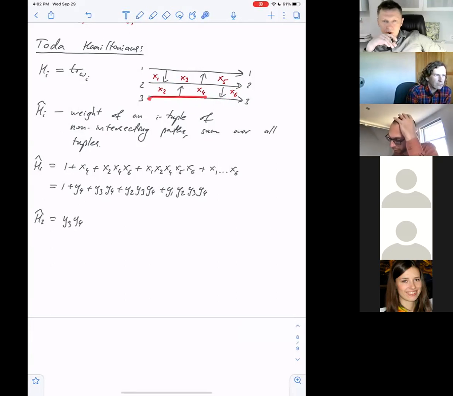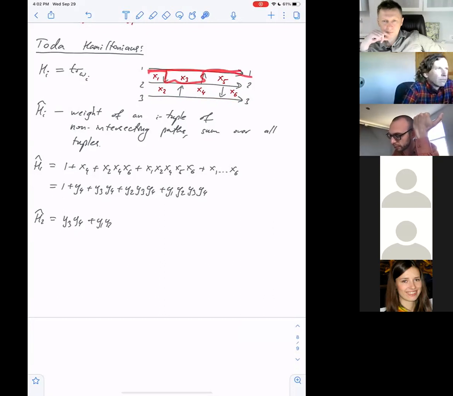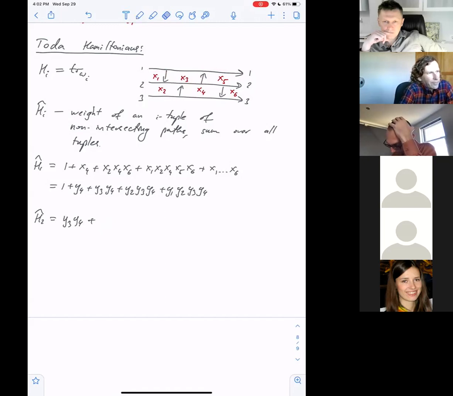Now, 3 can also go with the path 1. Sorry, 3 can go with both ways how 1 can go, like this and like this. So it gives us just the weight again of the path 1. So it gives us y2 y3 y4 plus y1 y2 y3 y4.